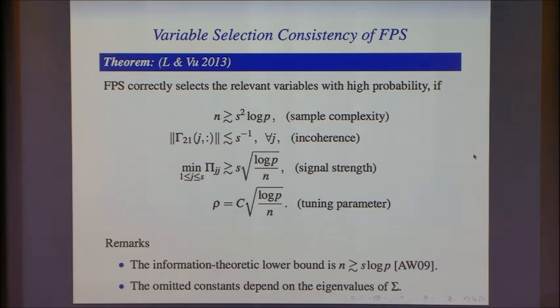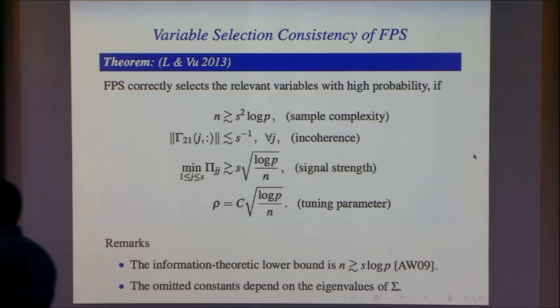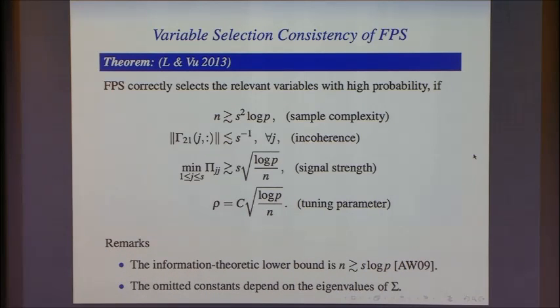The sample complexity is similar to previous results, and then the incoherence. Remember in the lasso, we want some incoherence to limit the dependence between the noise and the relevant variables, and here it is. I have the covariance matrix, that's the signal block, and the big noise block, and this block.